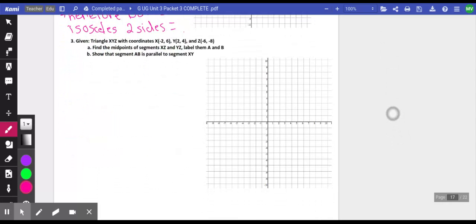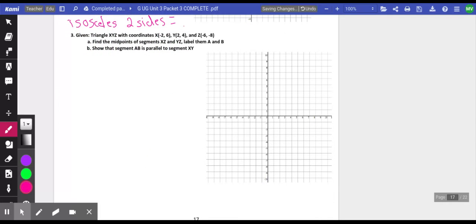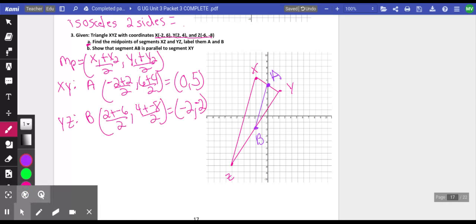So now I want you to pause and do the first two steps of number 3. Plot them all, find the midpoints of XY and YZ, and label them A and B. Okay, so hopefully you paused and did this.